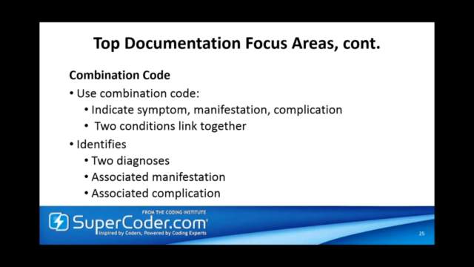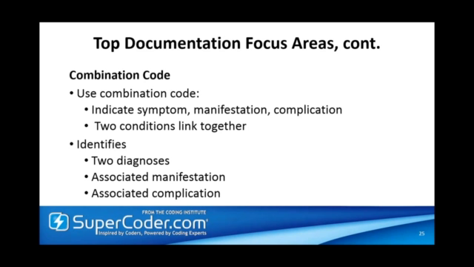An example of two conditions linked together is coronary artery disease with unstable angina, meaning there's a relationship between the CAD and the angina. For any linked conditions, always search for a combo code that describes both before attempting to assign two separate codes for each.